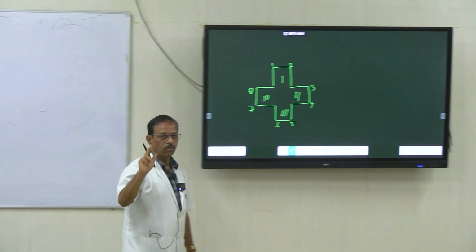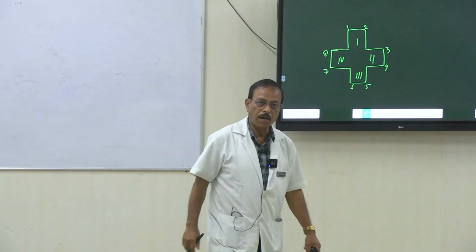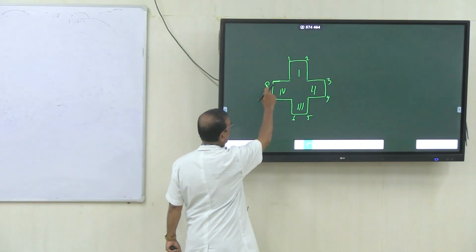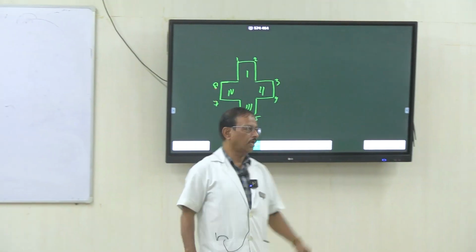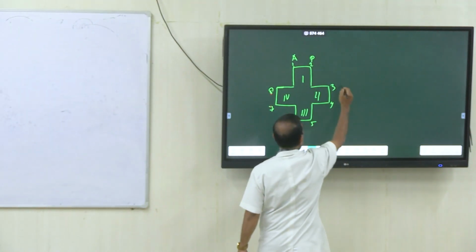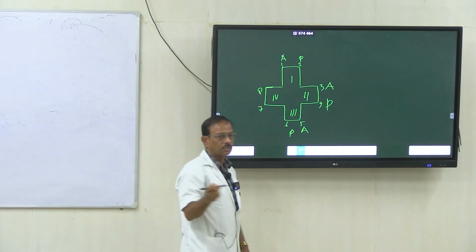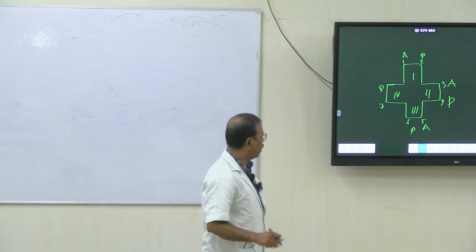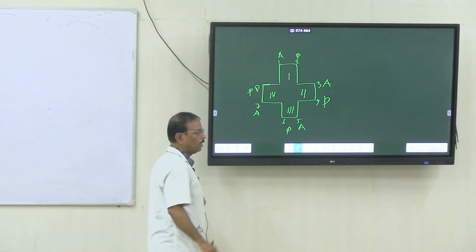So what will happen in case of type 3 porphyrins? The substituent groups between 8 and 7 will be asymmetrical. Now, if it is A, P, A, P, this is for understanding purposes, so that you can understand what type 3 and type 1 are.